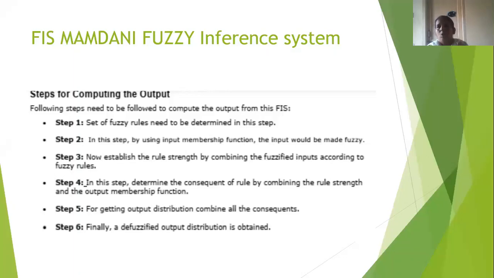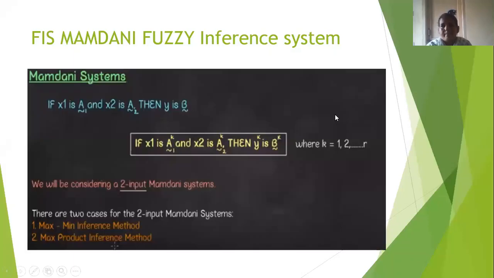You have two models in the Mamdani fuzzy inference system. One is max-min inference method and the other one is max product inference method. Two inference methods are there.